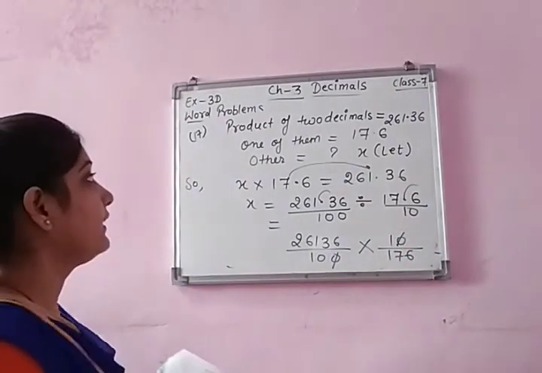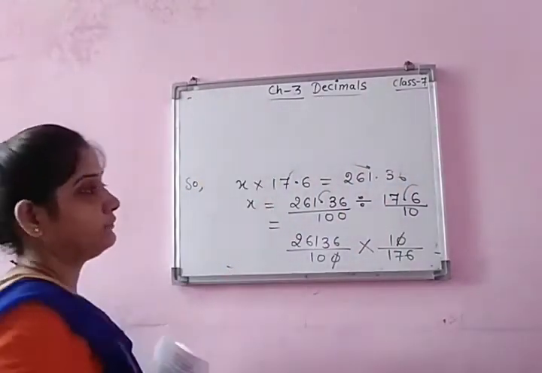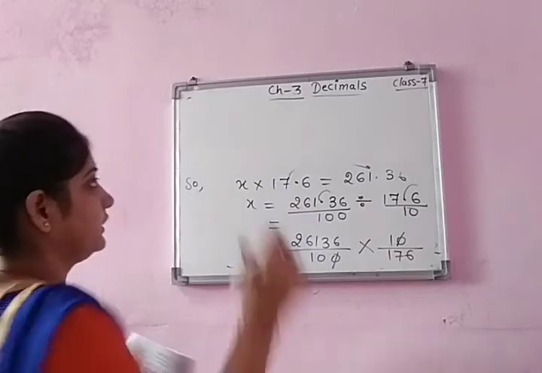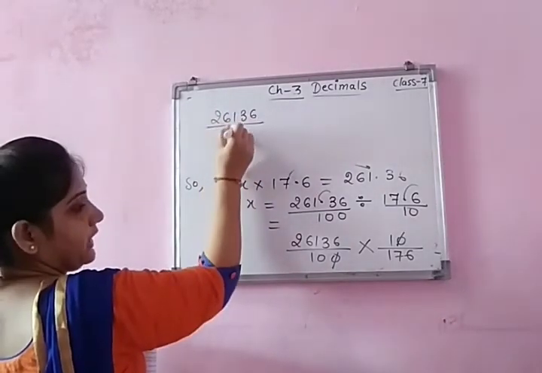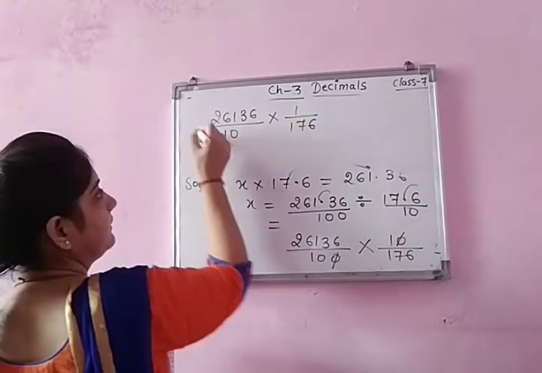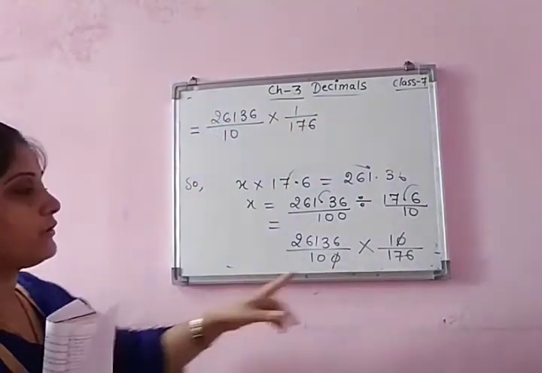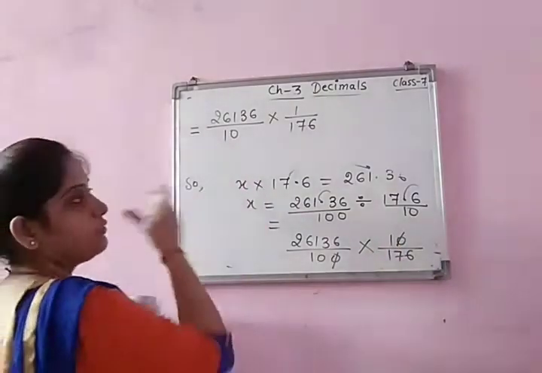So I am solving here at the top the calculation. 26136 upon 10 into 1 upon 176. This is the number because 0 is cancelled out by 0. Let's do this by 2 or by 4.